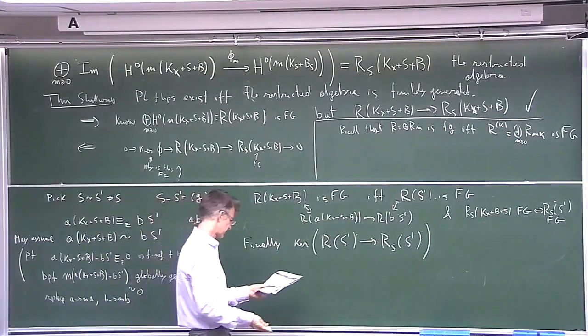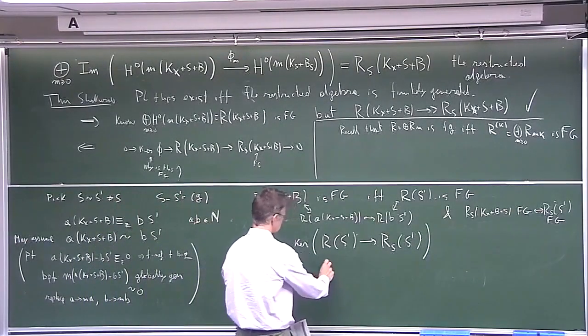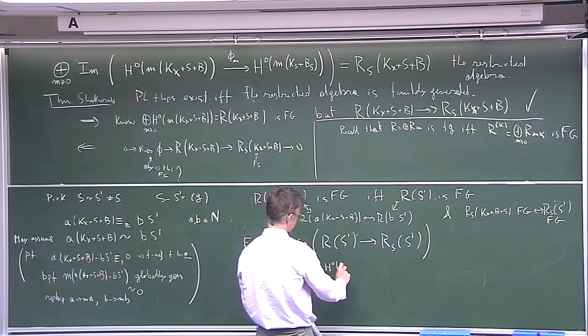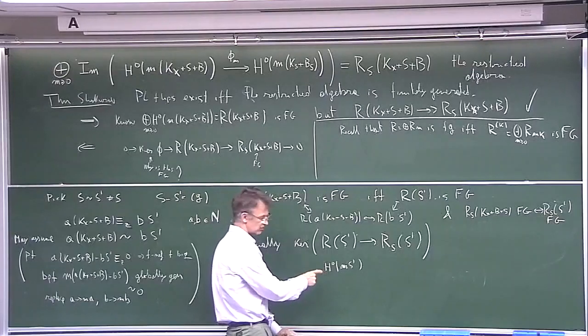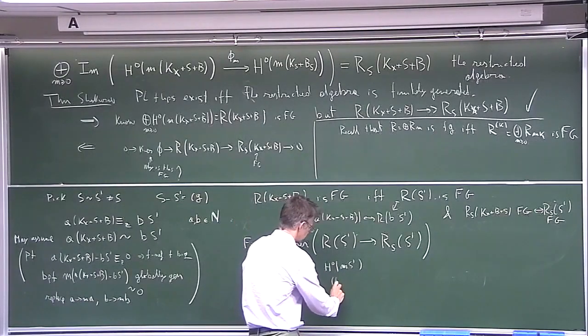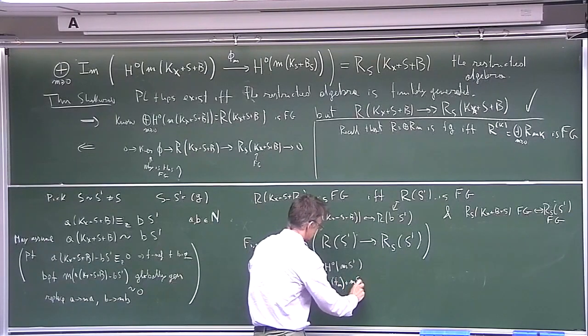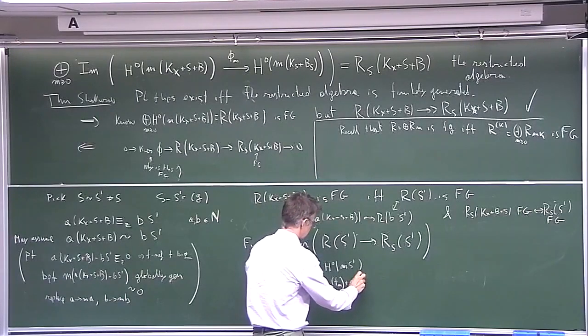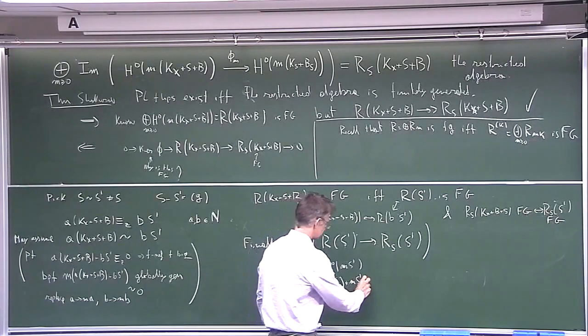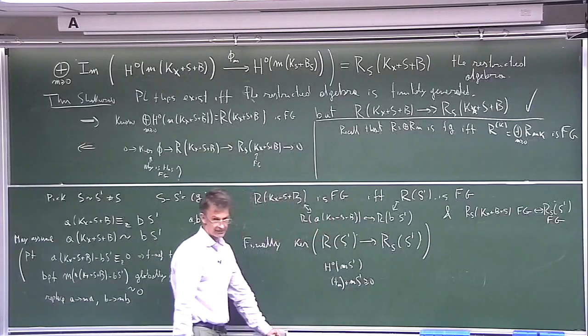So let's think about this for a second. Suppose I have, let's look at the nth graded pieces. So what does a section in here correspond to? It corresponds to a rational function, let's say f_m, such that when I add m S prime, yes, this is correct, this is effective, right?